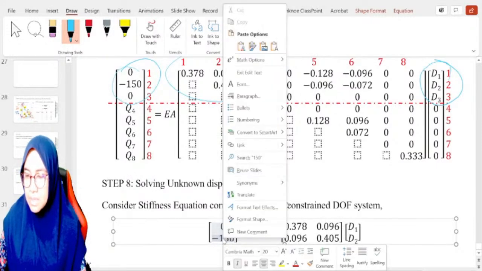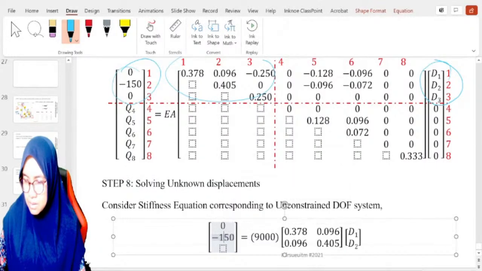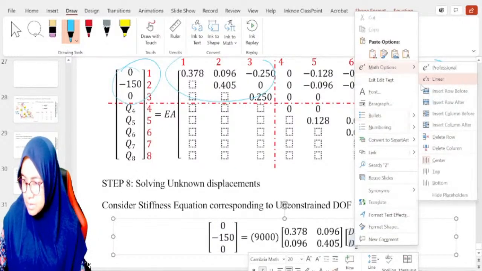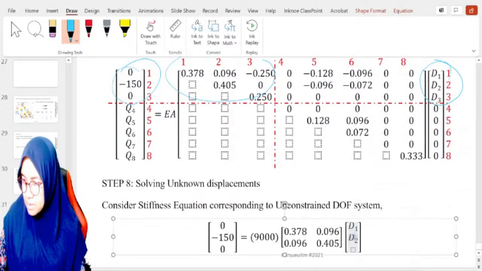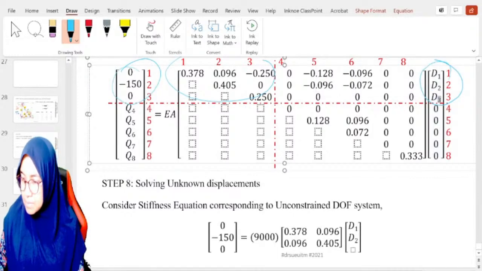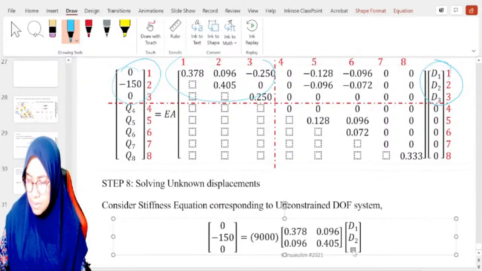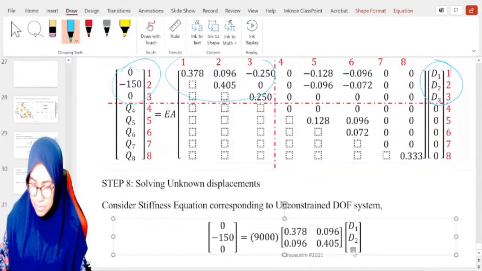So we need to add another column. Insert after. This will be 0. And then insert as well. This will be D3.